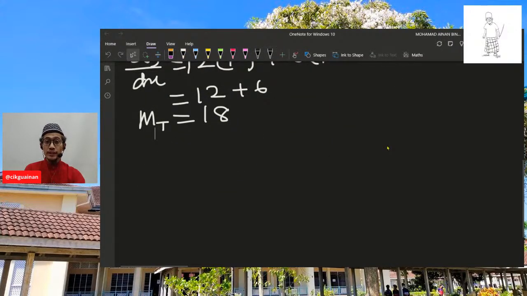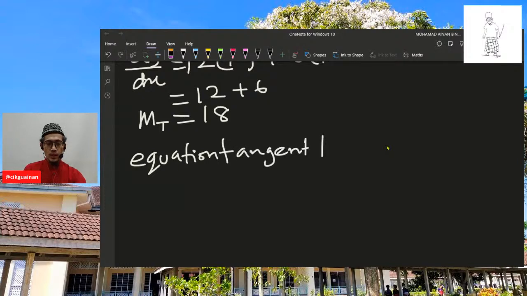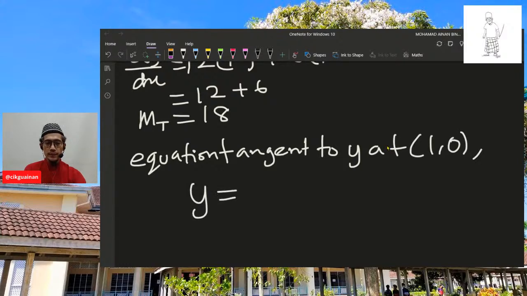The next step is to find the equation of the straight line tangent to the curve. The equation of the tangent to y at (1, 0) is y equals mT x plus c. The mT we already got is 18, so let's substitute 18 over here.